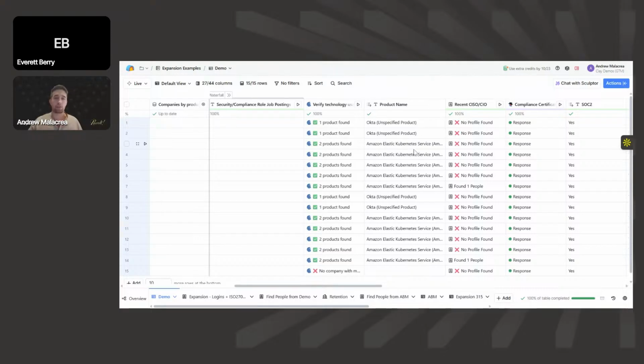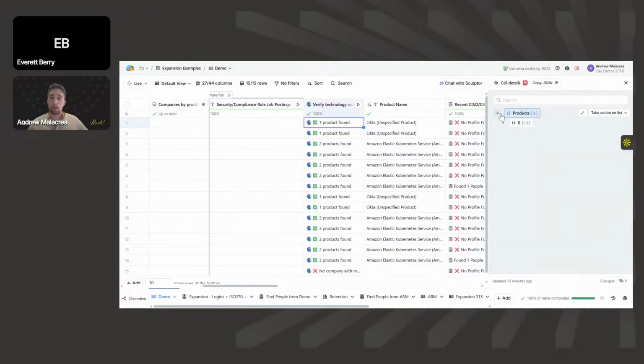I'm looking at things like Kubernetes, Okta, et cetera. You could also use this as a competitive takeout play. So let's build a list of my competitors by technology and then actually target them. So a lot of different options for using technographic data.